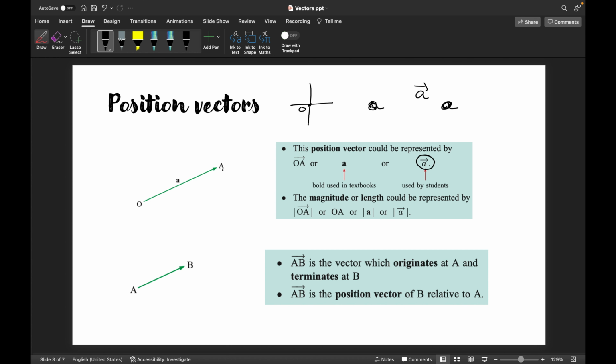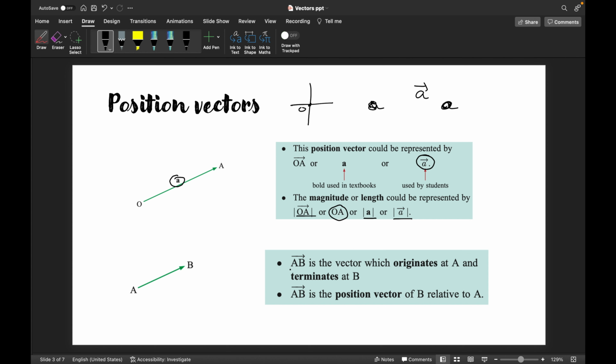This would be OA and this is A. The magnitude or length can be represented by the magnitude of this or just OA. We're going to learn about magnitude soon, but you can think of it as the distance, like how long it is. And that's what a magnitude is.